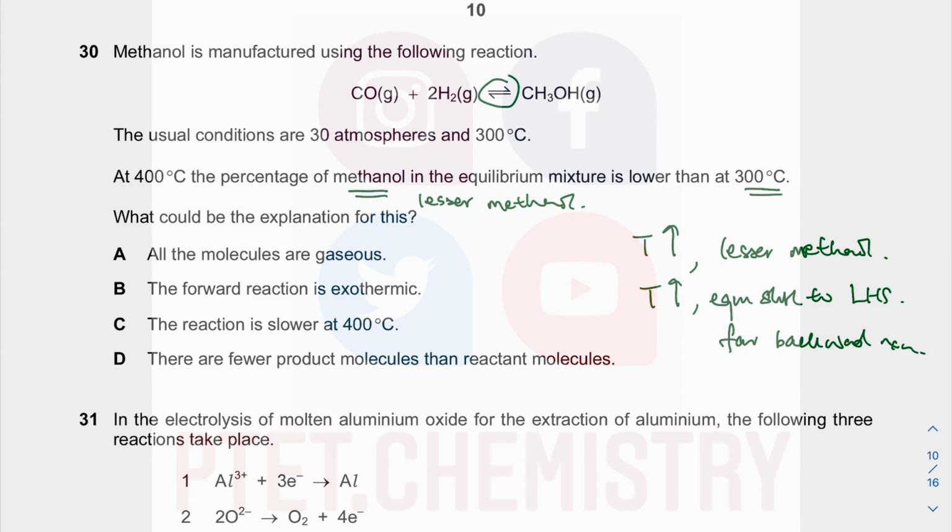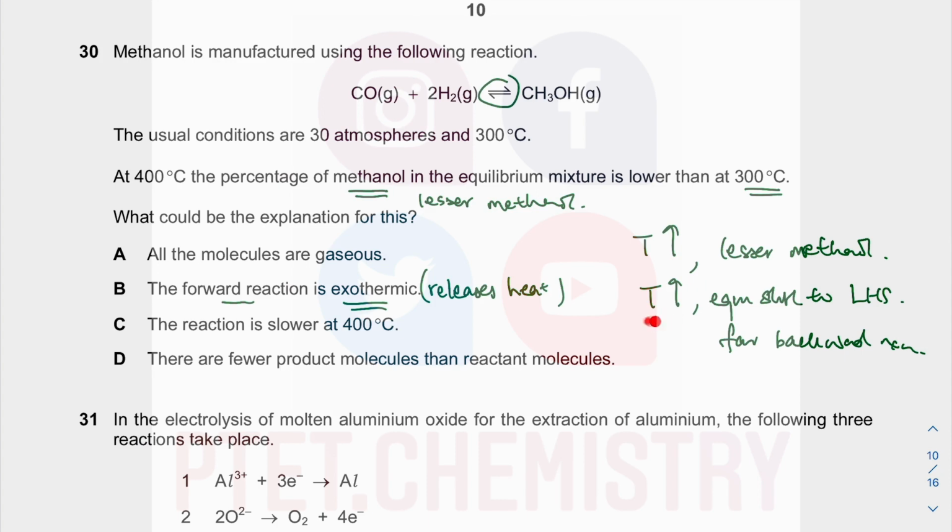So perhaps we should look at what happened with the forward reaction. If the forward reaction is exothermic, it releases heat. So if the forward reaction releases heat and I increase temperature, the equilibrium wants to release less heat, because you want to decrease the temperature to go back to equilibrium. That is counteracting, opposing, going against the change.